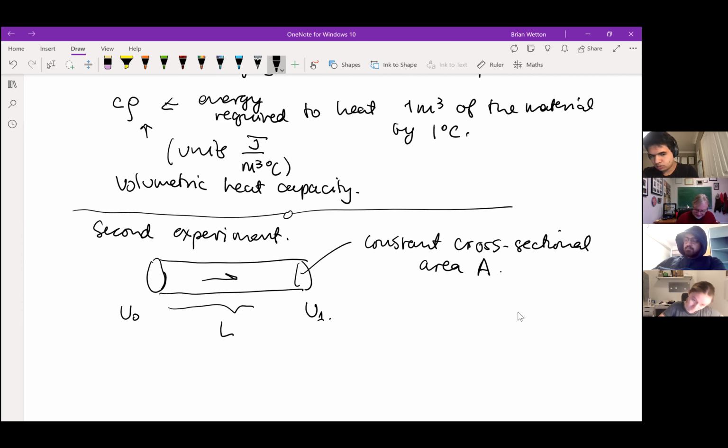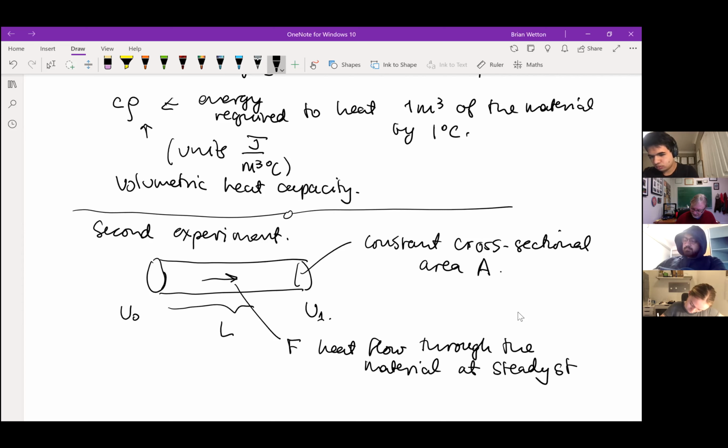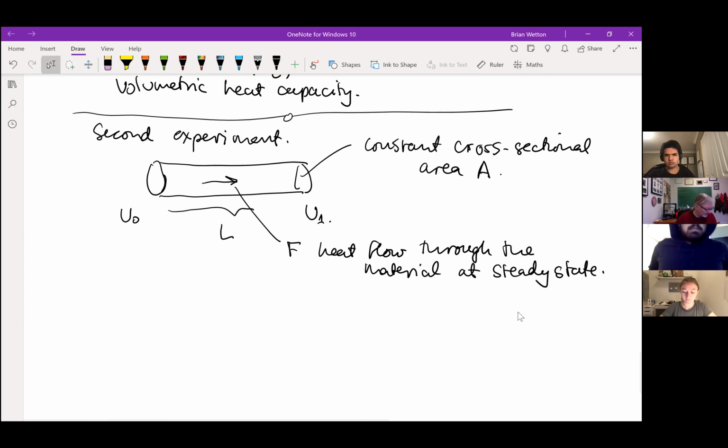So F is going to be the heat flow through the material. It's going to be at steady state. So at steady state, the heat flow has to be uniform through the length of this thing.